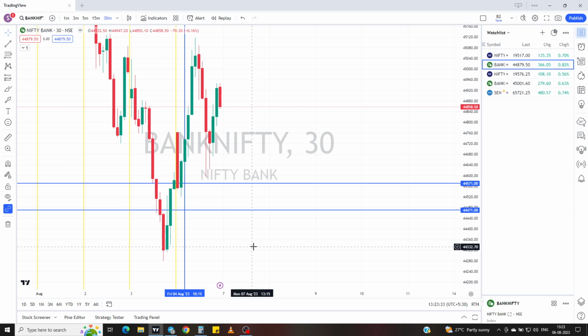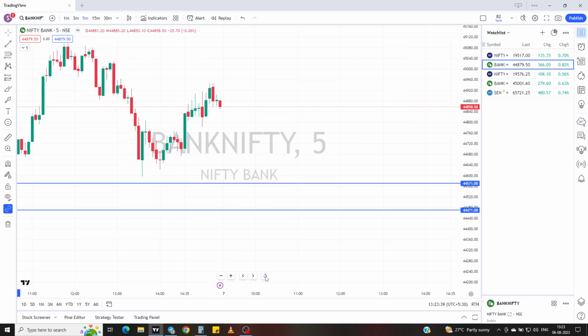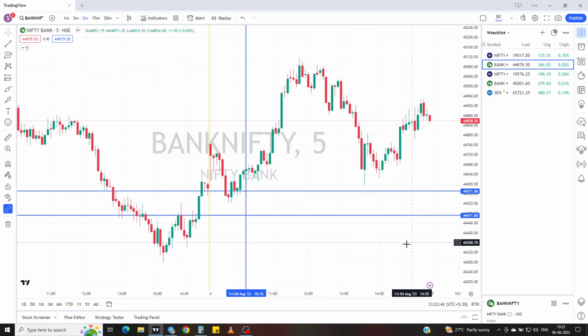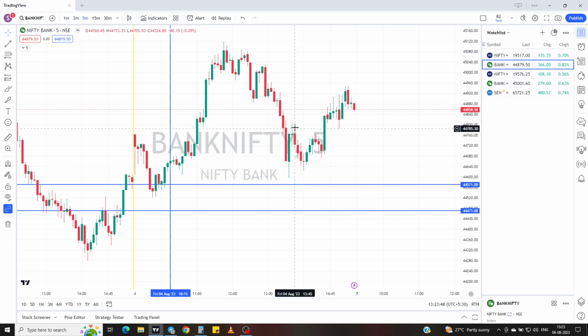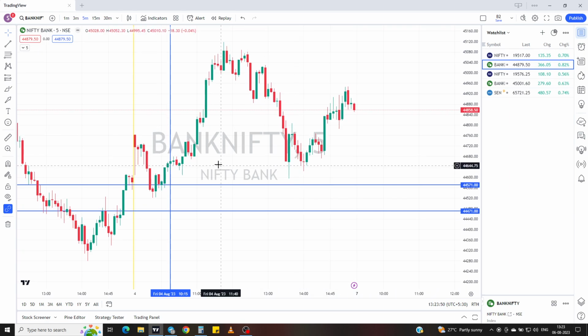After drawing all this, I'll just change the time frame to 5 minutes. Okay, so these are the levels to be drawn each and every day. Once the levels have been drawn, we are going to wait for a candle to close above this horizontal line.